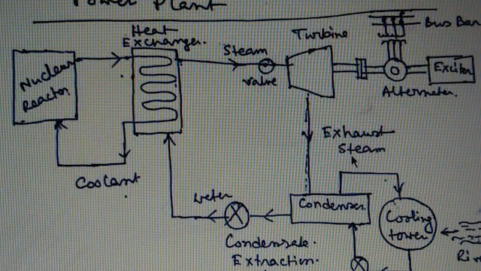Next point, it can be located near the load center because it does not require a large quantity of water as compared to a hydroelectric power plant or thermal power plant. Next advantage, it ensures reliability of operation.